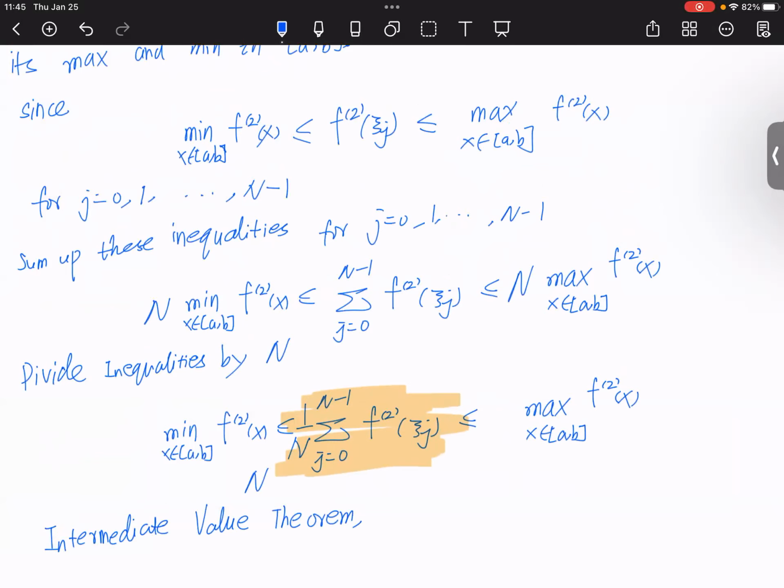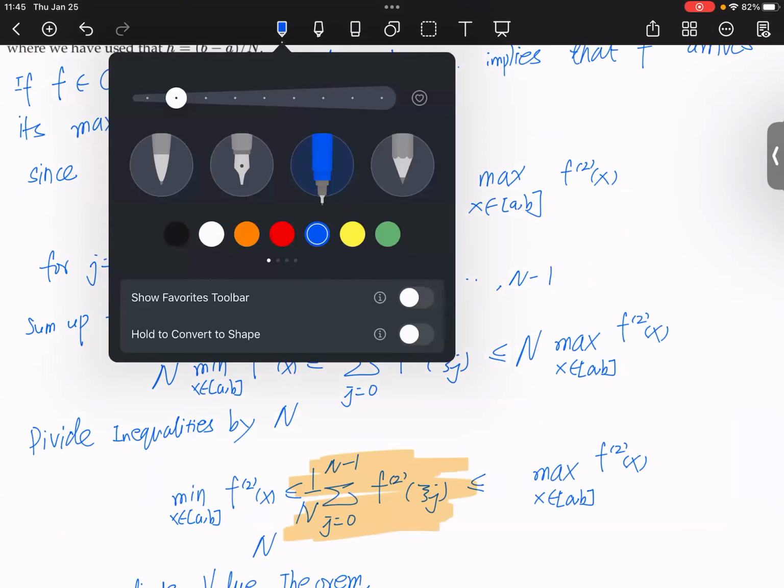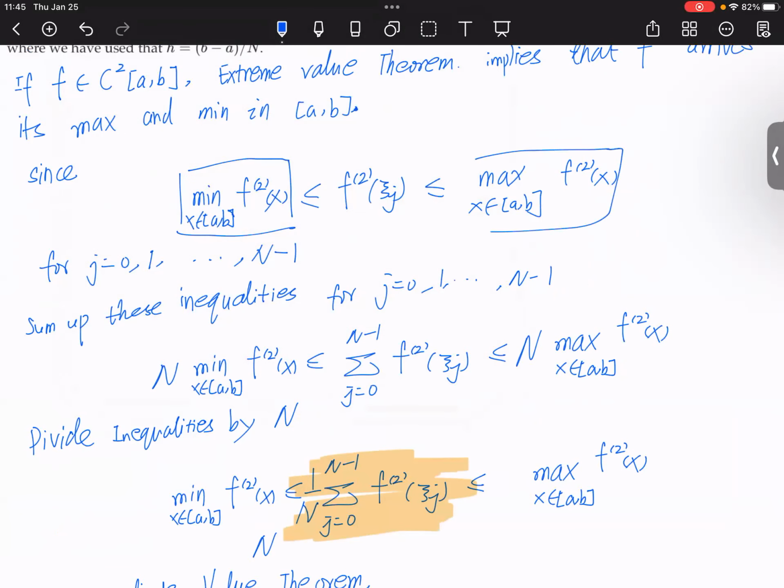We have a minimum value, which means we have a corresponding c1 here, such that the second derivative at c1 equals that minimum value, and this c1 is in the interval (a, b).